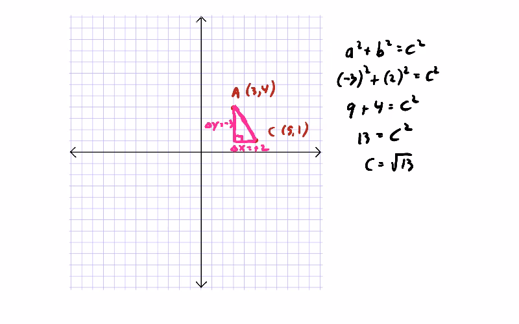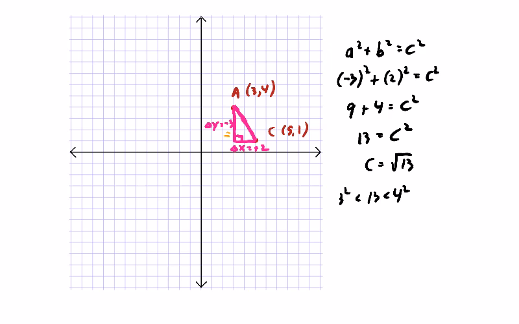Since 13 is between 3 squared and 4 squared, we know that our value for C is somewhere between 3 and 4, which should make sense because if the y change is 3, the hypotenuse is clearly larger than the change in y.